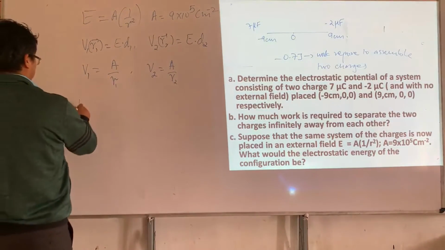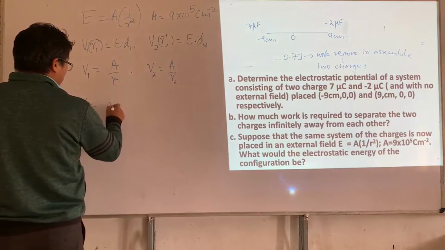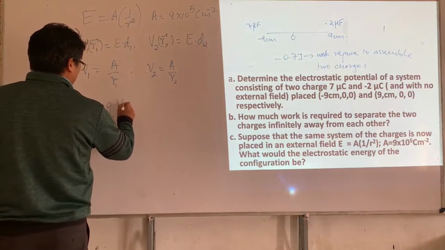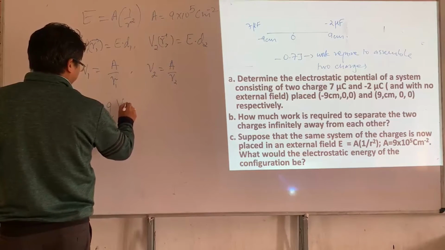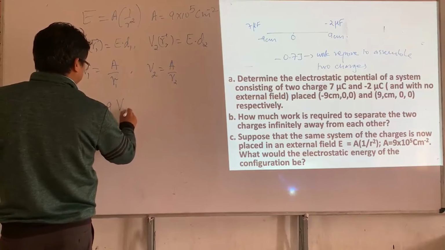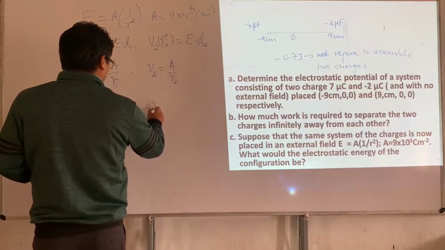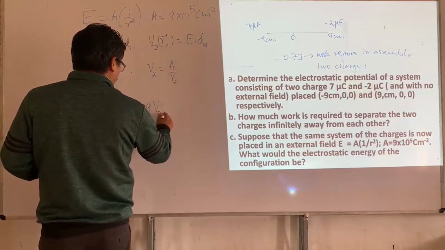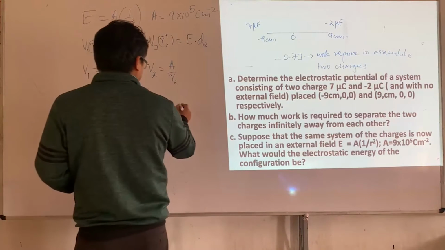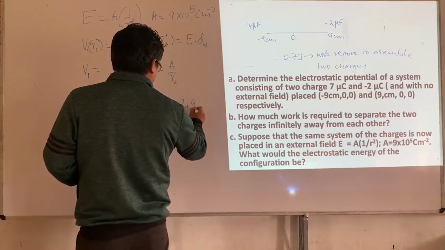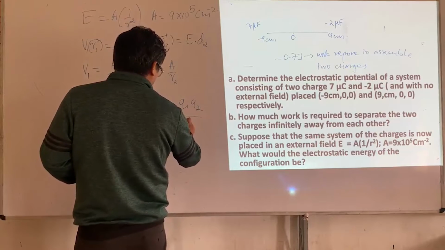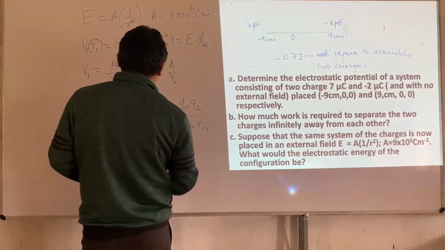Total work is going to be Q1 V1 plus Q2 V2 plus Q1 Q2 divided by 4 pi epsilon naught R12.